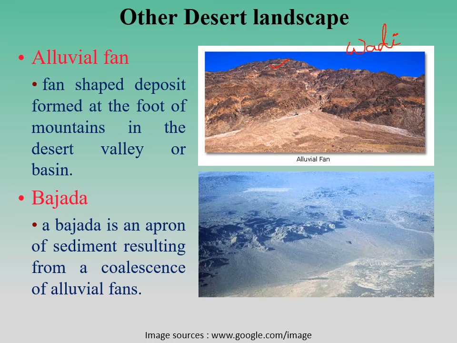And whenever this flowing water, that means the wadi, meets a flat land area, suddenly it will deposit all the materials in a fan-shaped pattern, like the alluvial fan for a sensu stricto river.